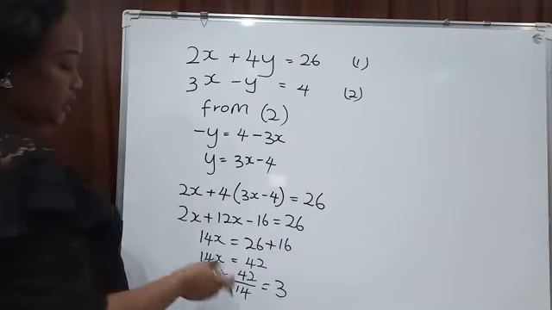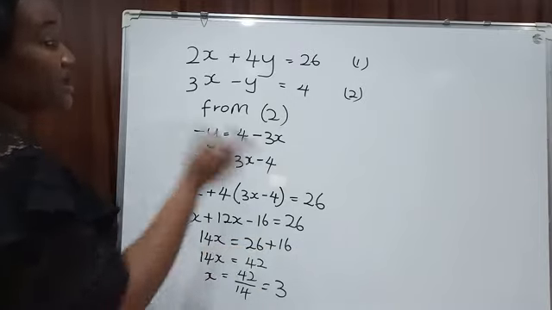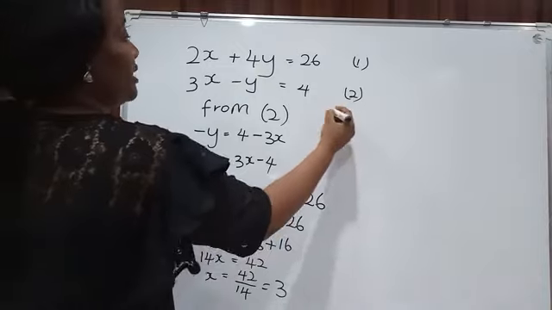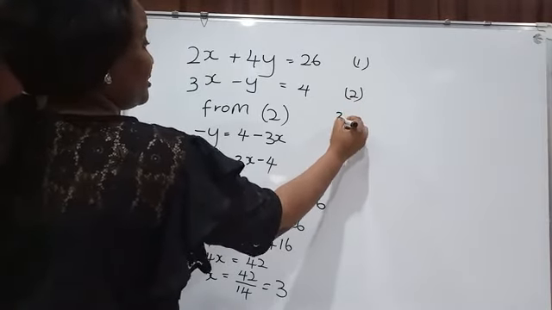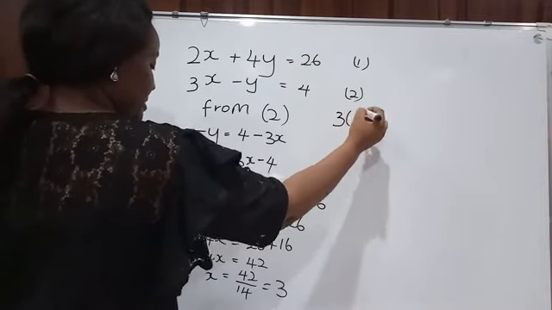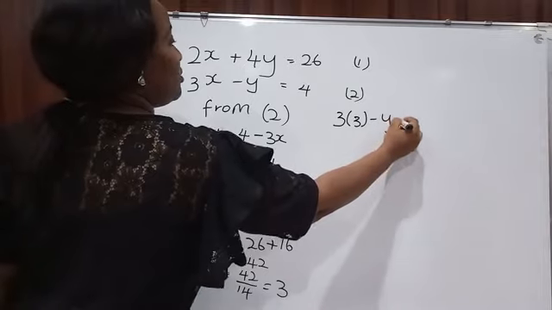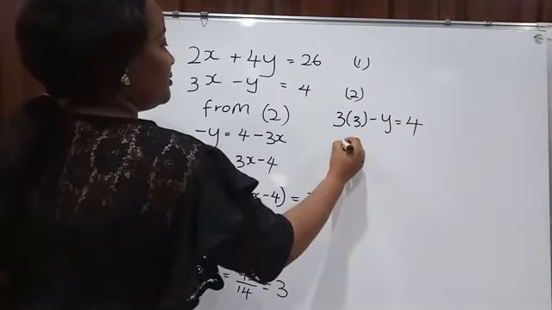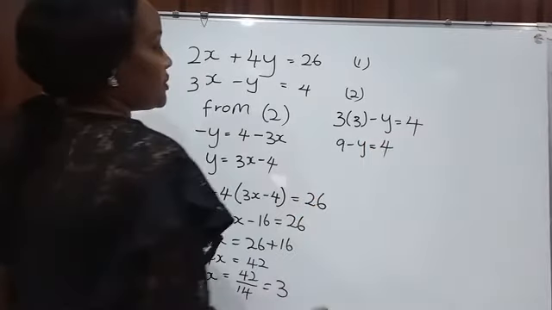Now we substitute x equals 3 into any of the equations to get our y. Let's use equation 2. We have 3 plus y equals 4... we have 3 brackets 3 minus y equals 4. We have 9 minus y equals 4.